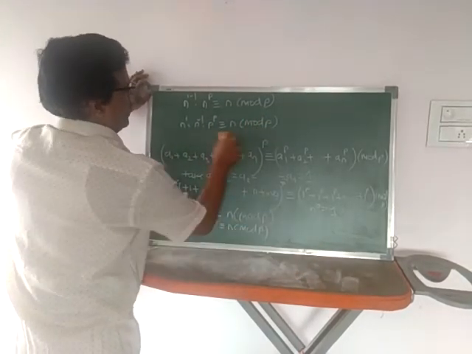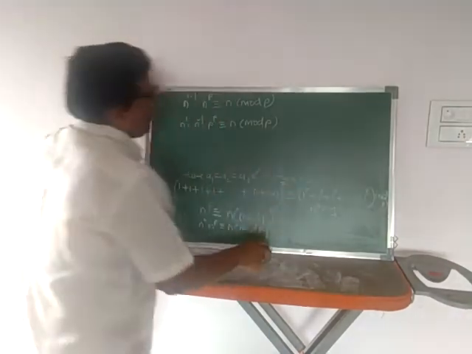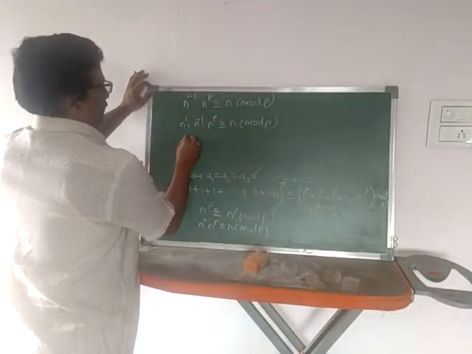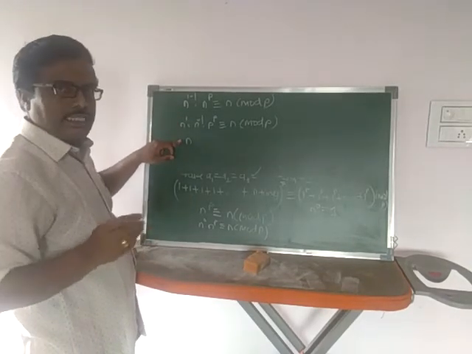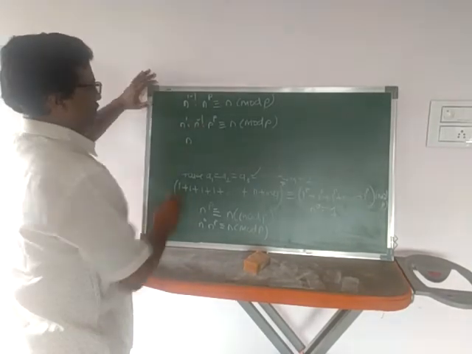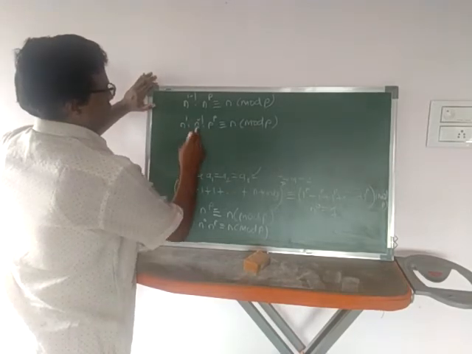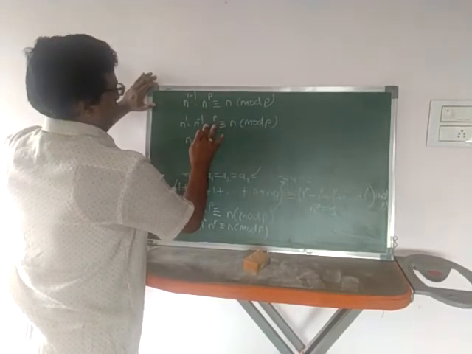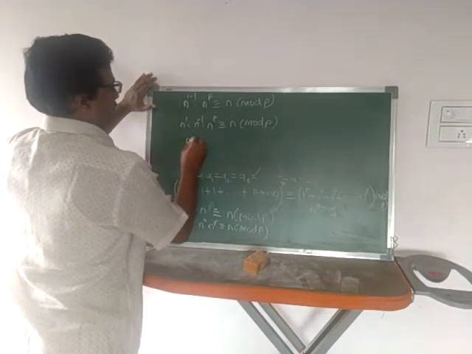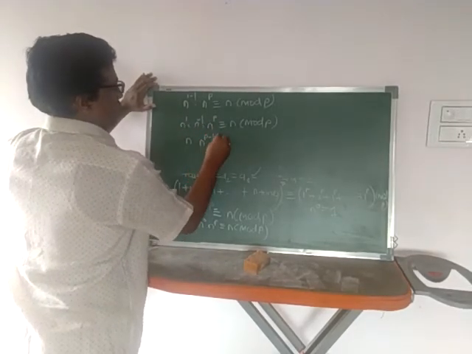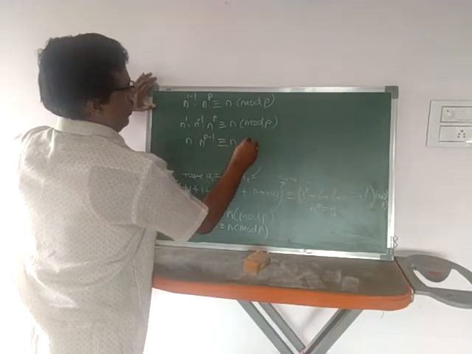Okay. So now I take this first term n raised to 1, that is n only. Then combine these two terms. So now this becomes n raised to minus 1, and here, sorry, it should be n raised to p. Now combining these two will give n raised to p minus 1 is congruent to n mod p.